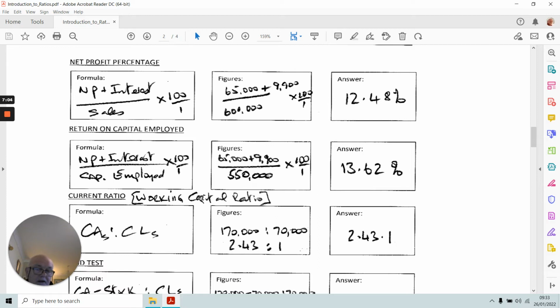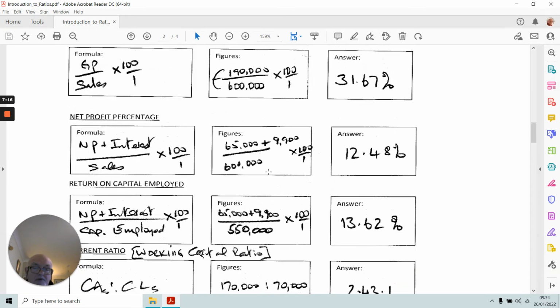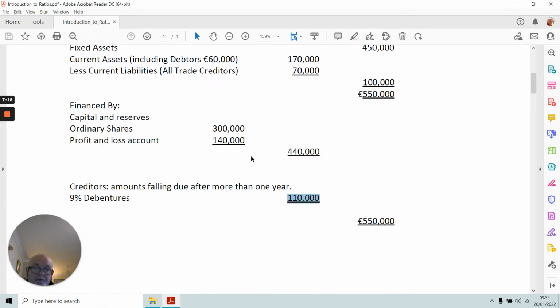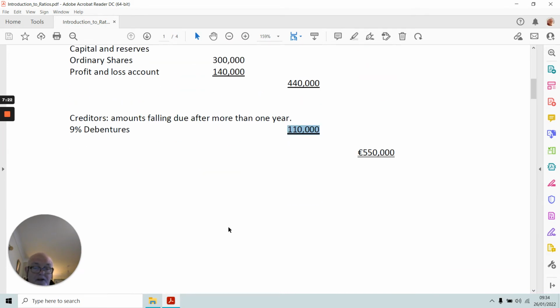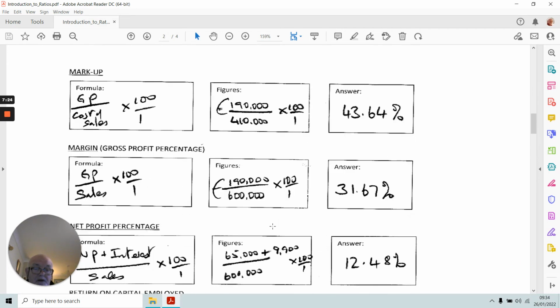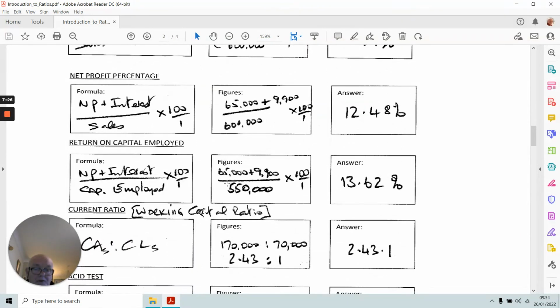We can have an idea here as to why the interest is added back, because the denominator, the thing below the line, the capital employed, includes the debentures of 110,000. So if the thing below the line includes debentures, the thing above the line has to include the return, or what is earned by those debentures.